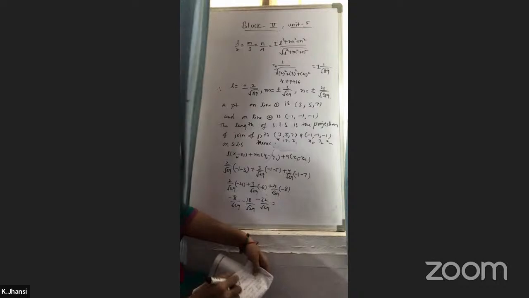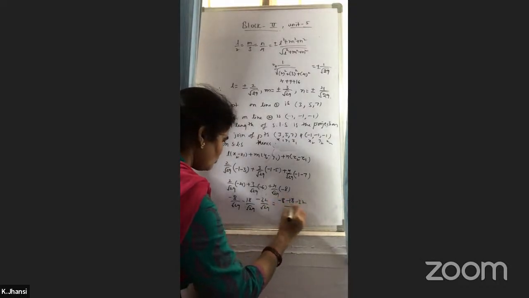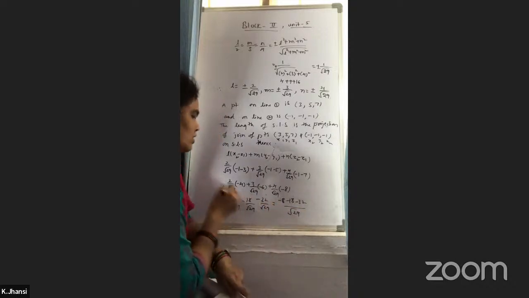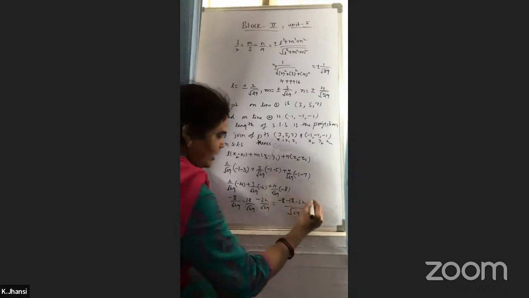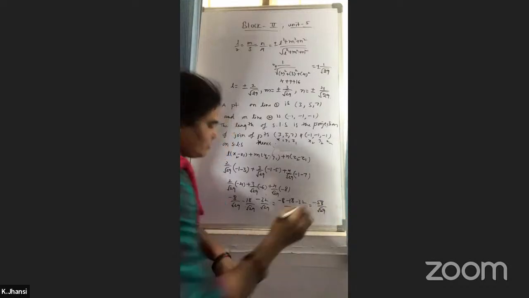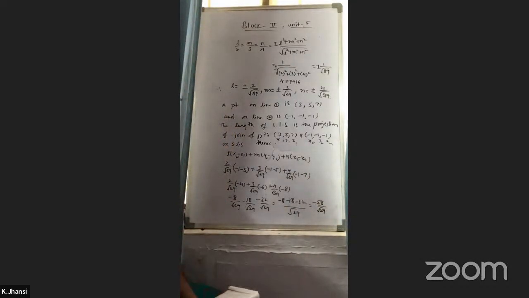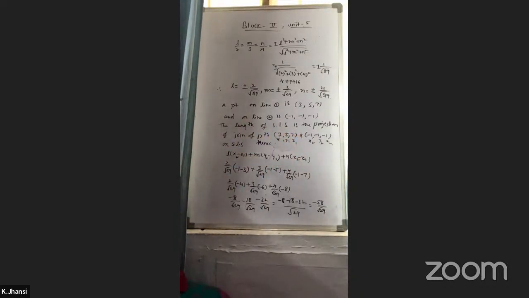All the denominators are the same, no? So minus 8, minus 18, minus 32 by root 29. What do you get? 8 plus 18 is 26, plus 32 is 58. That is minus 58 by root 29. Here you are getting the negative value, no? So you can write it like this, taking x1 minus x2 also, and you will get the same one.